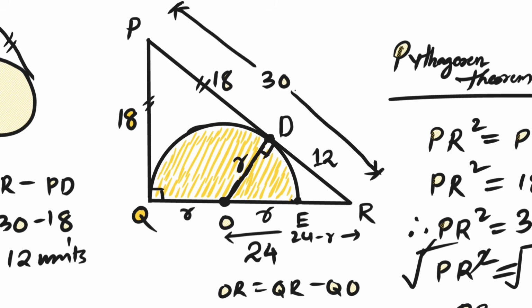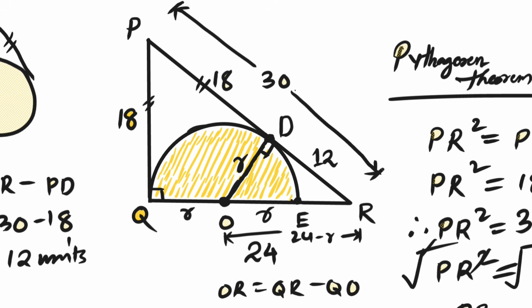That means triangle ODR is a right triangle. Now let's identify all three sides of this smaller right triangle. One leg is OD, which is the radius, so OD equals r. The other leg is DR, which we already calculated as 12 units. And the hypotenuse is OR, which we found to be 24 minus r.